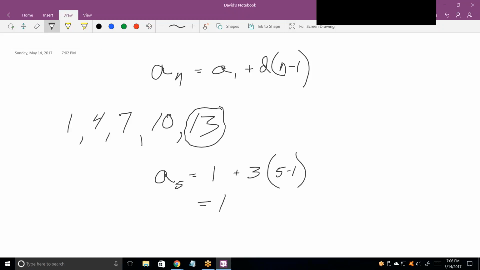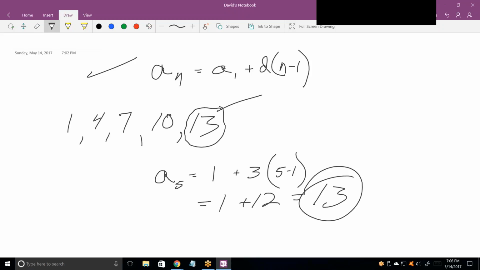So that gives me 1 plus 12. 13 should be my 5th term, and it is. Yeah, okay. The advantage of this nth term formula is that if I wanted the 132nd term, I could get it. Whereas I certainly wouldn't want to have to write out 132 numbers in that sequence.